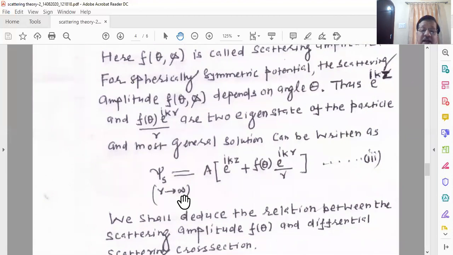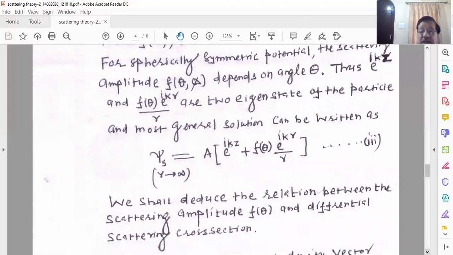So now we shall deduce the relation between the scattering amplitude f(theta) and the differential scattering cross section. As I said, we want to find out f(theta, phi), and here I write f as a function of theta and phi, right?